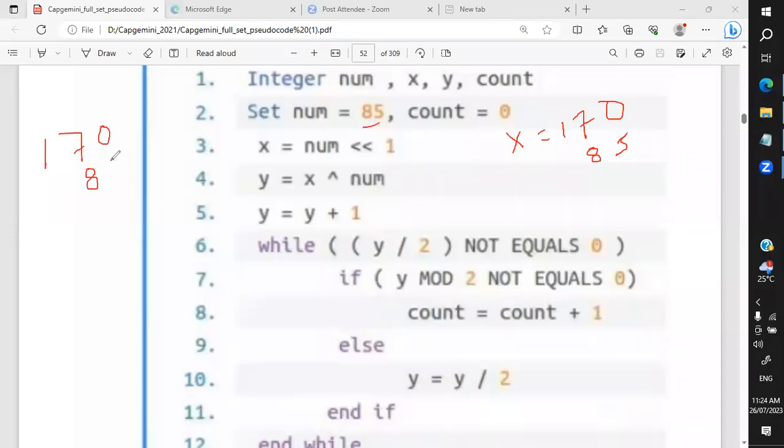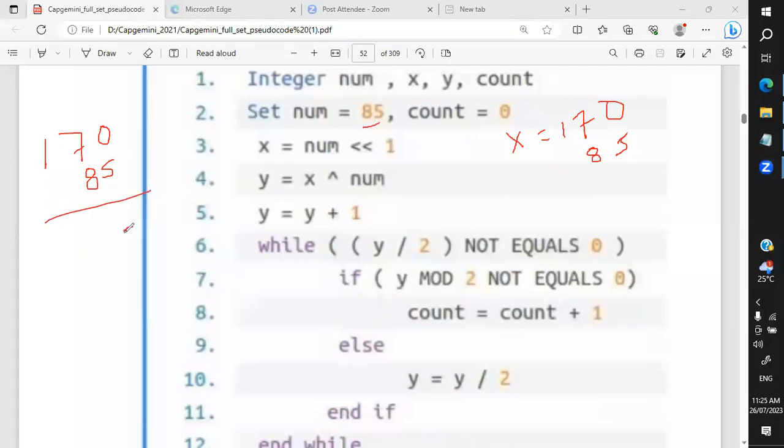But if you want to do XOR, you can write the binary representation of 170, the binary representation of 85, and then do it. Yes, 85 left shifted once gives 170. That is the reason the XOR will be the sum of them. If you add them, what will happen?